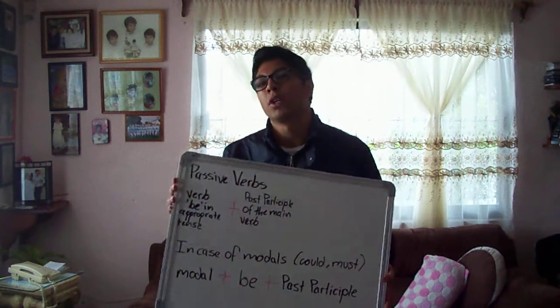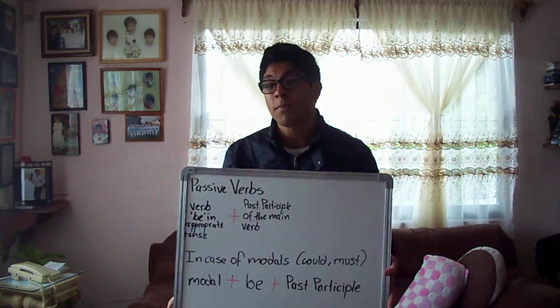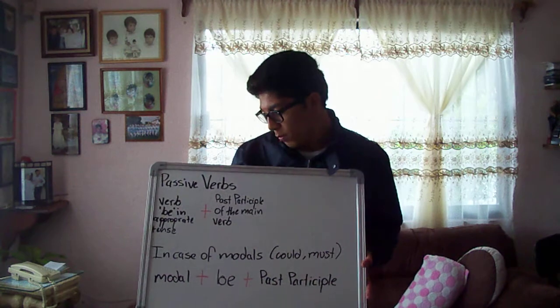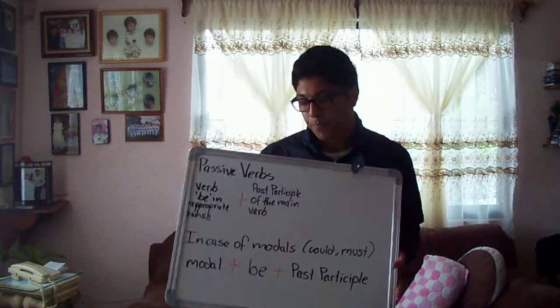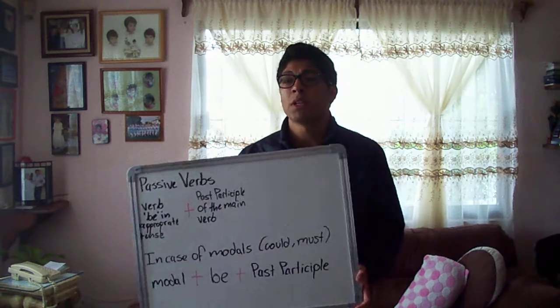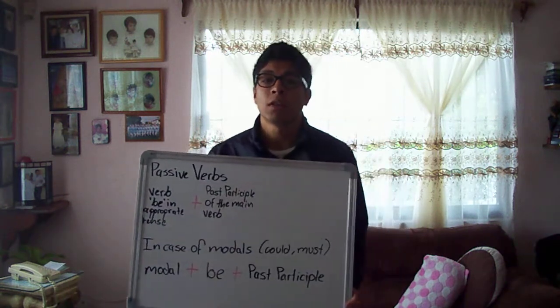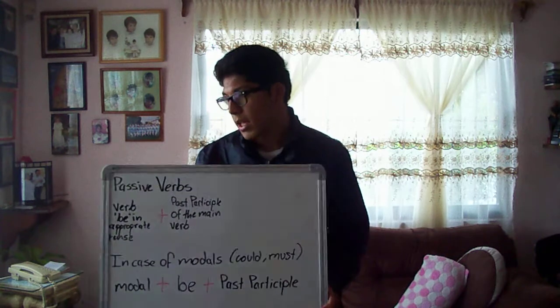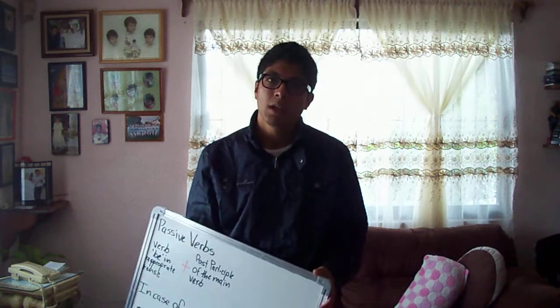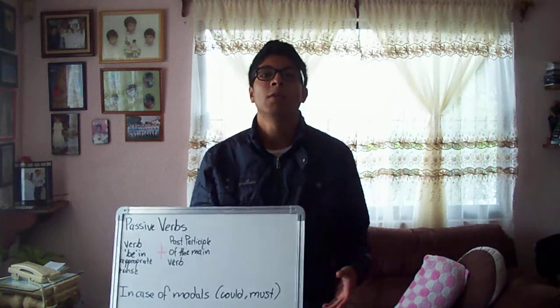It could be past, present, or the theme that need to be, plus the past participle of the main verb. It means that the main verb needs to be in the past participle for the sentence to be in the right form. And well, we have 7 forms for the passive verbs, or 7 steps to learn the passive verbs.